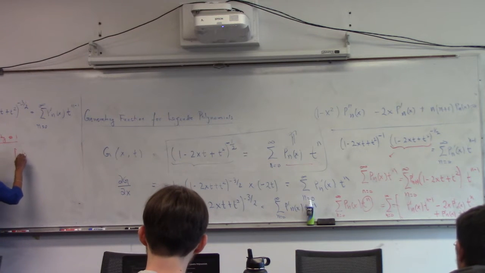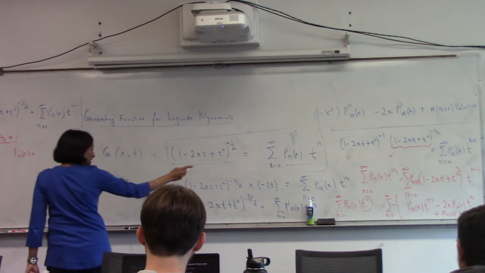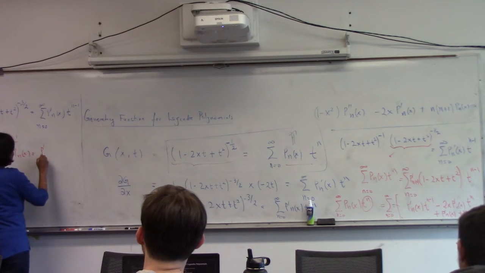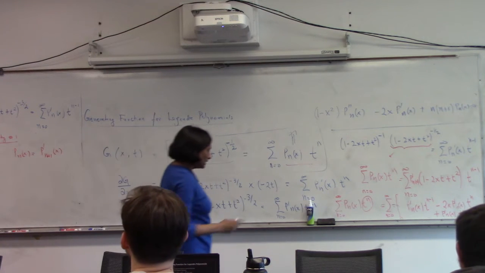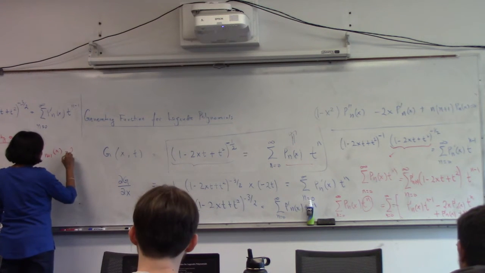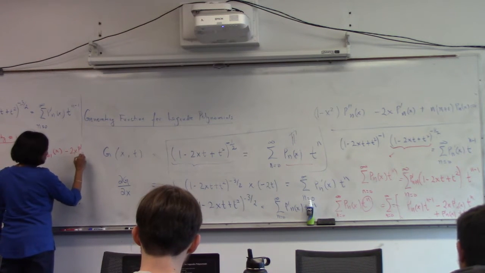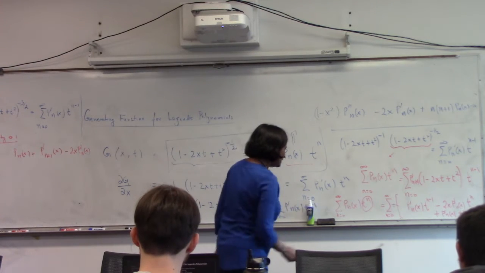You'll have Pn of x is nothing but, I have to change n to n plus 1 in that second one, P prime of n plus 1 of x. The next one will be minus 2x P prime of n of x, same power of n, that is t to the power of n.